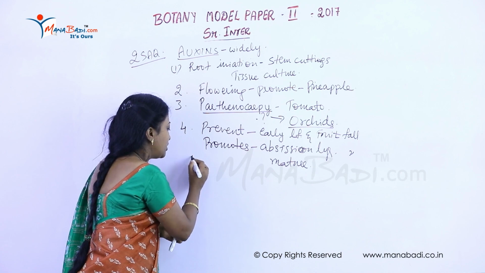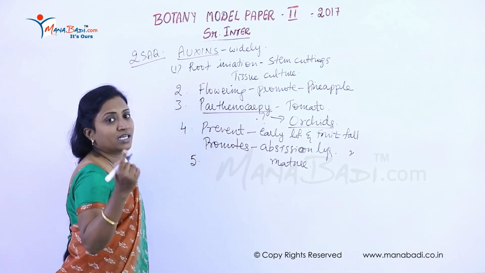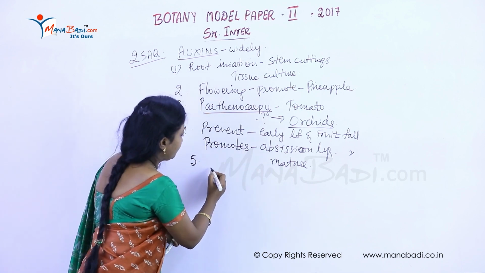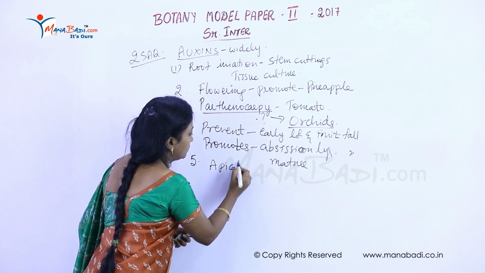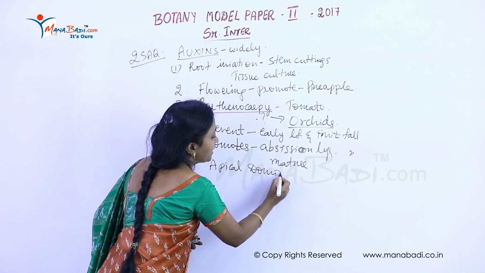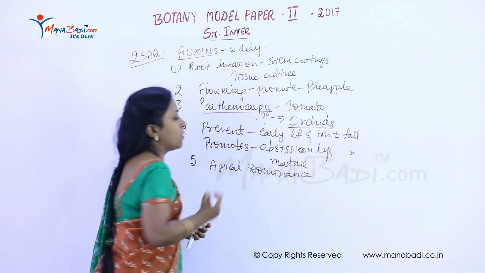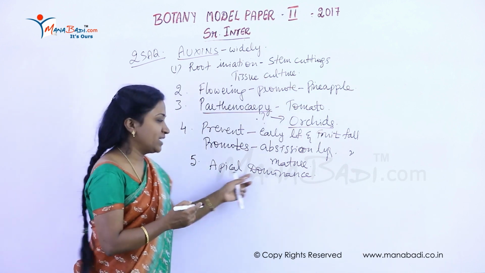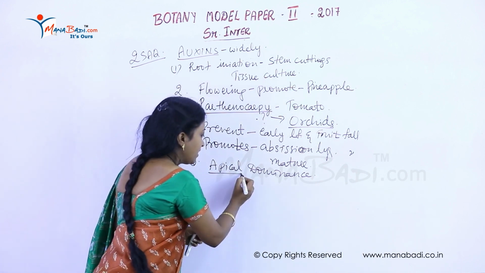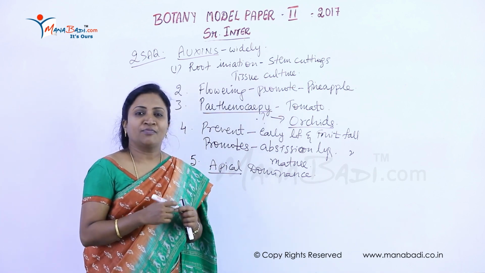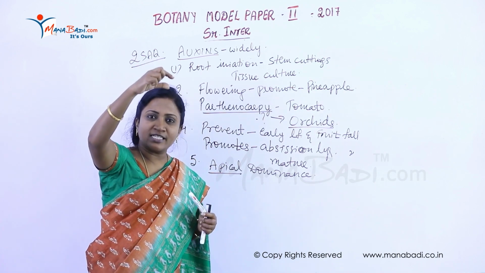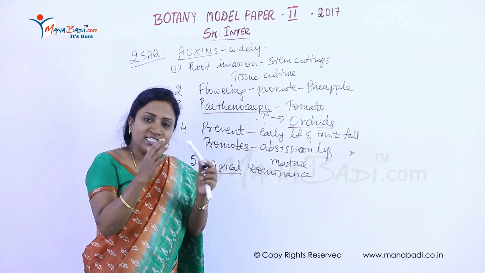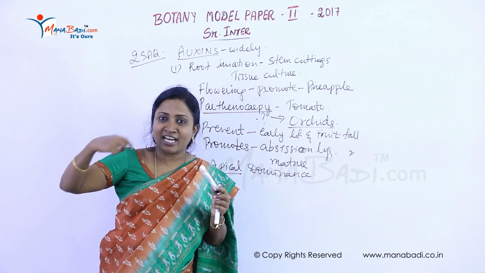Now coming to the fifth point, apical dominance. We know that there is an apical bud present at the tip of the stem. Auxins are usually concentrated in the young, actively growing parts.